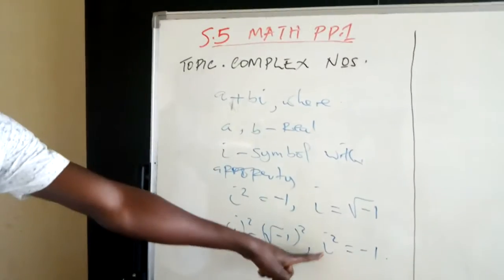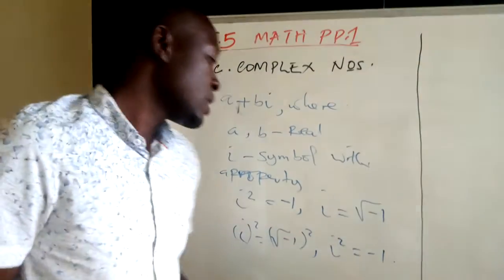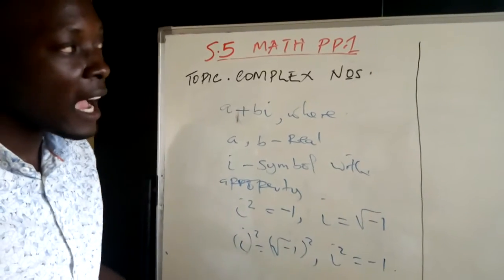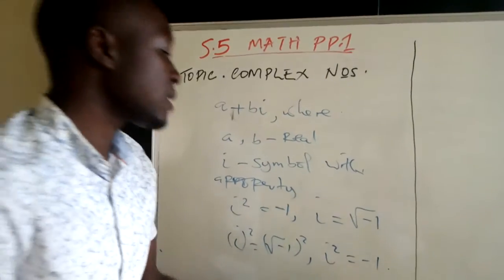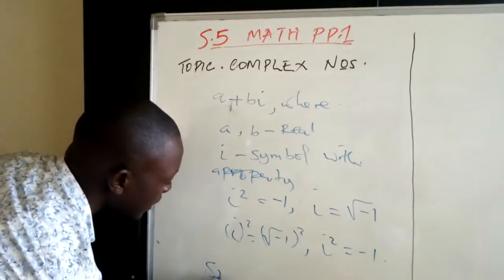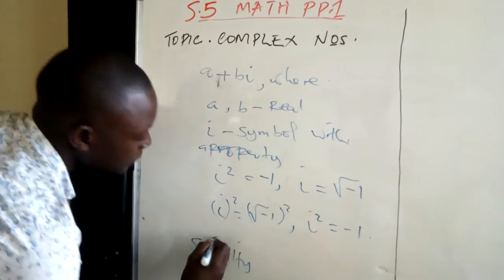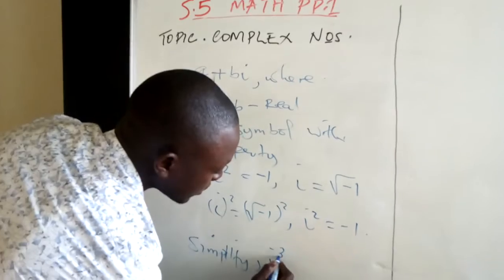We can use this property to simplify i power 3.